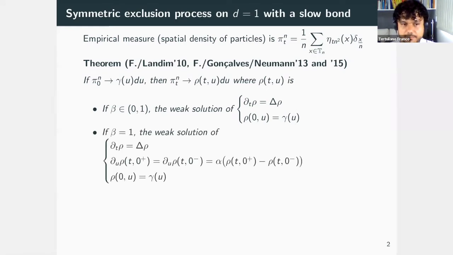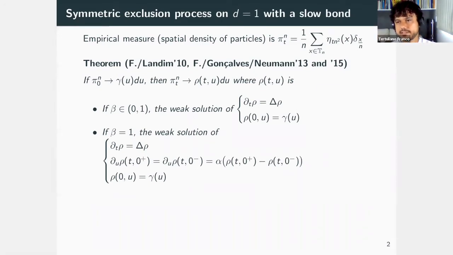On the other hand, if beta is equal to 1, the limit is the solution of the heat equation with these Robin boundary conditions, or mixed boundary conditions. You see the derivatives at the sides are equal, and they are equal to alpha times the size of the jump. We are going to have a jump at 0, a discontinuity.